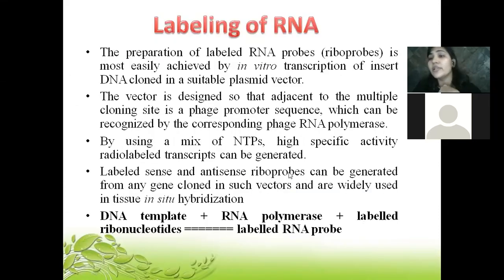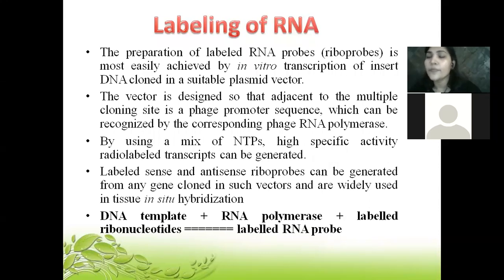Then labeling of RNA. Okay, so we have so far seen three methods for labeling the DNA and now labeling the RNA, because nucleic acids include both, right? DNA as well as RNA. So the preparation of labeled RNA probes, which are also called riboprobes, is most easily achieved by in vitro transcription of insert DNA cloned into a plasmid vector.